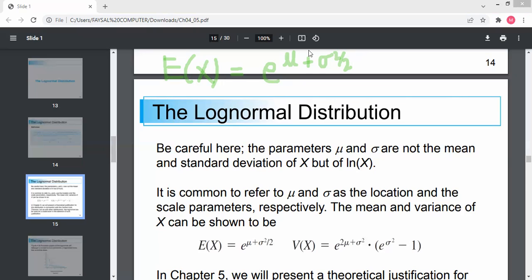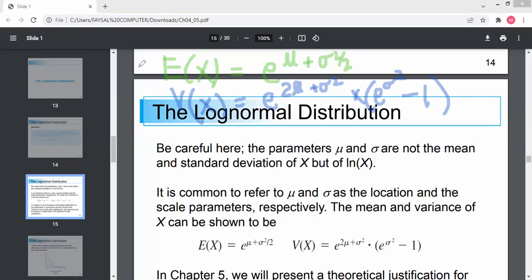Now for V of X. It will be e to the power 2 mu plus sigma square, multiplied by e to the power sigma square minus 1. So these two are the mean and variance.